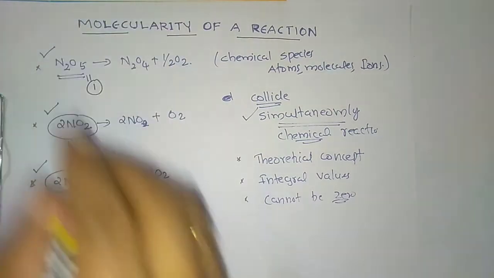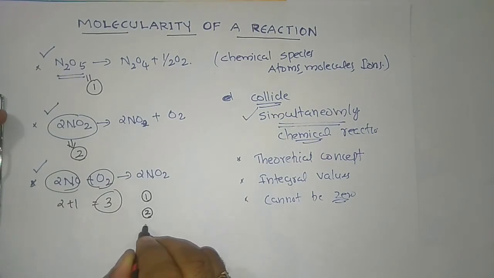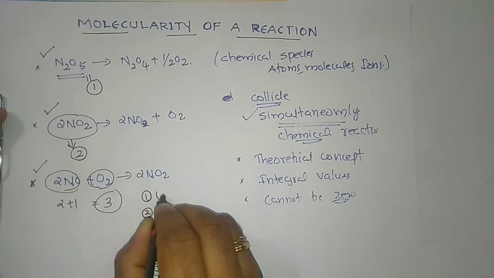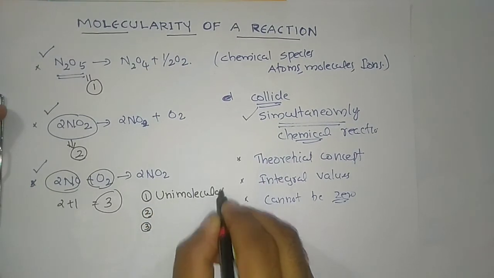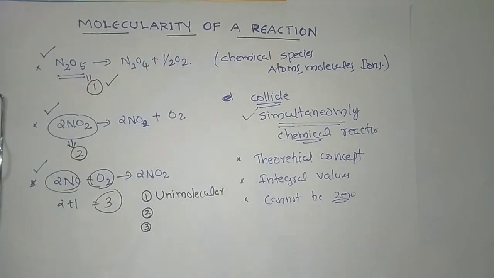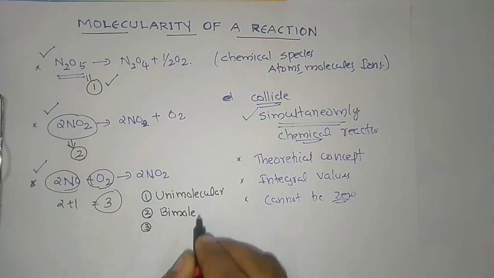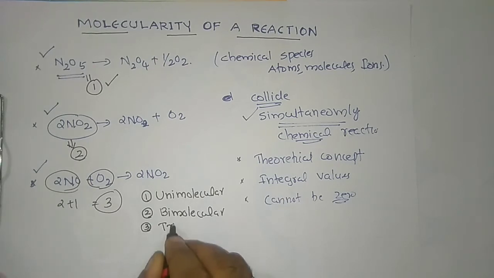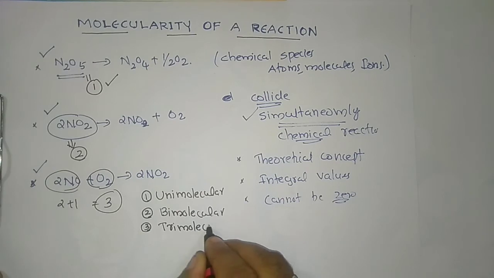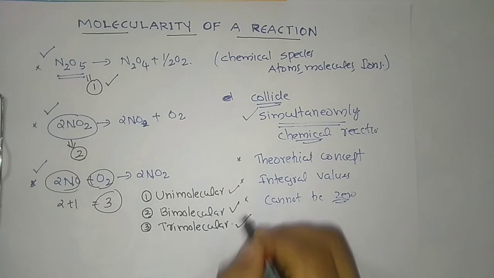Depending upon the molecularity, chemical reactions are classified into 3 types. First, unimolecular reaction: molecularity is equal to 1. Second, bimolecular reaction: molecularity is equal to 2. Third, trimolecular reaction: molecularity is equal to 3.